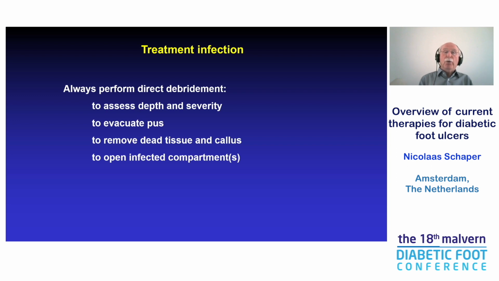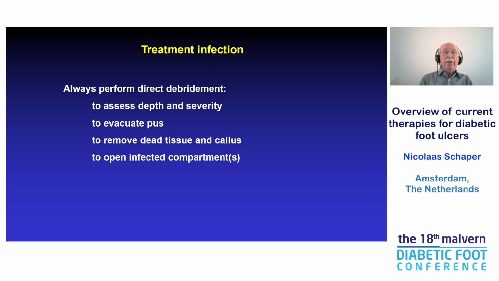So you should always perform a direct debridement. And if you can't do that, then take care that the patient is sent to a clinic where immediate debridement is available. Because you should do that to assess depth and severity, because usually there's a lot of callus, debris, dead tissue, and you can't just assess the depth of the ulcer.